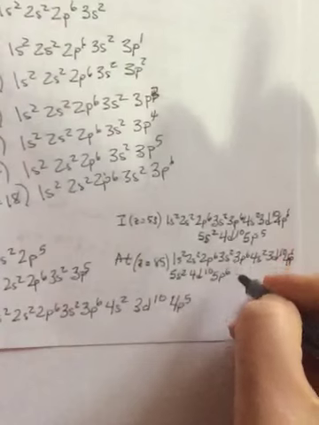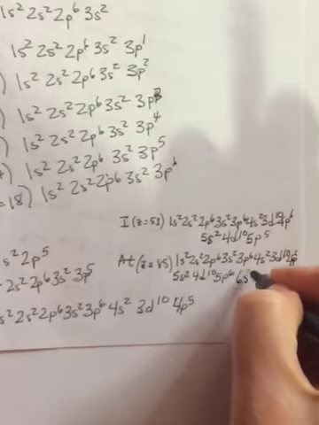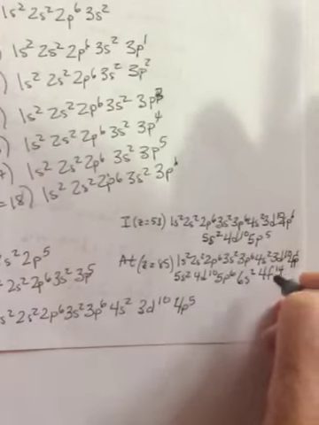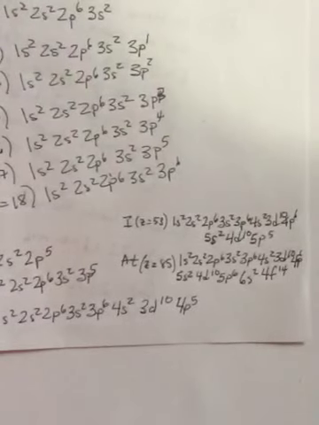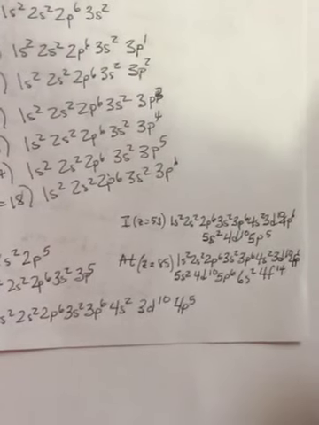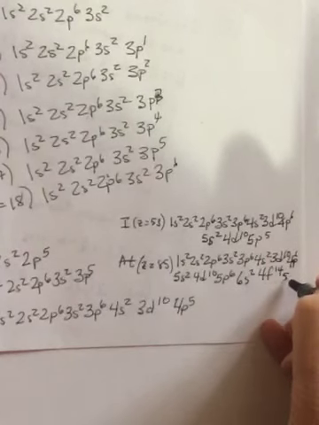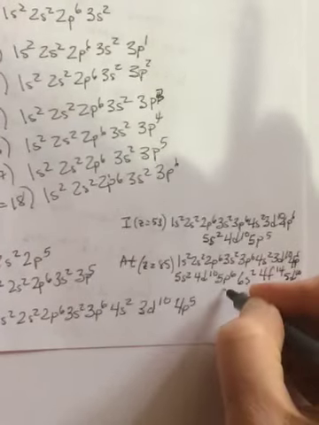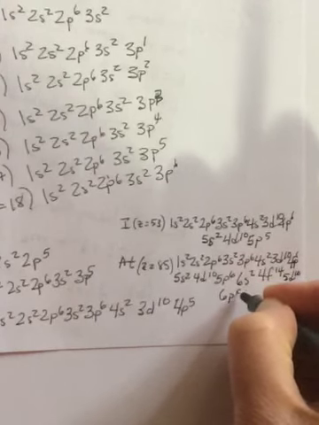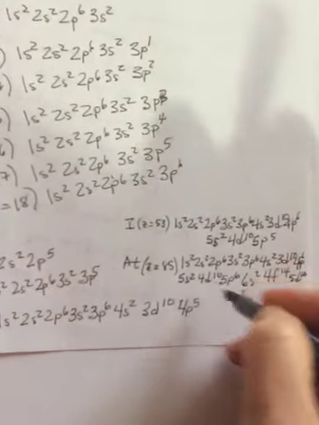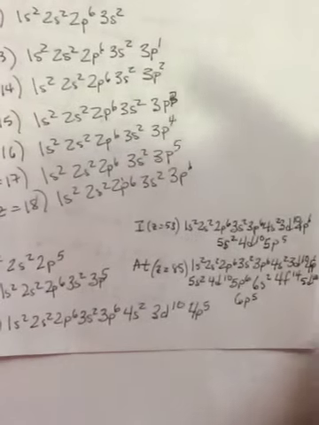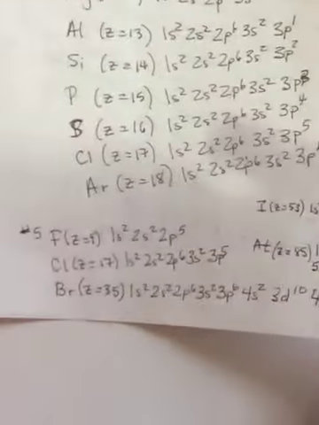So 6s2, 4f14, and then after 4f, according to the diagram, I go to 5d10, and then I go to 6p, and that should be 5. And when I add this up, lo and behold, I get 85. There's another one there that's an unknown, but I think you get the trend.